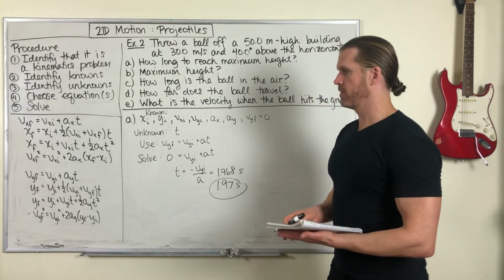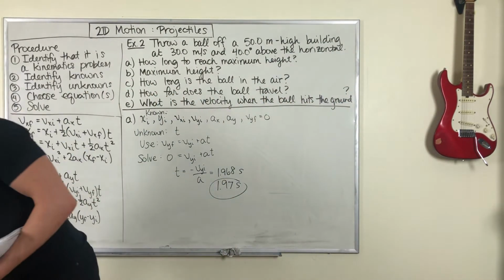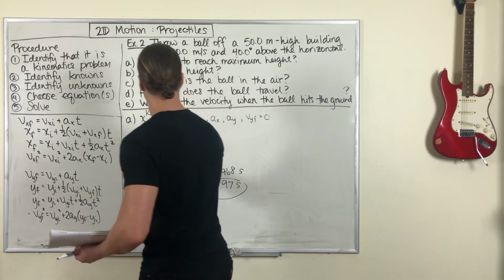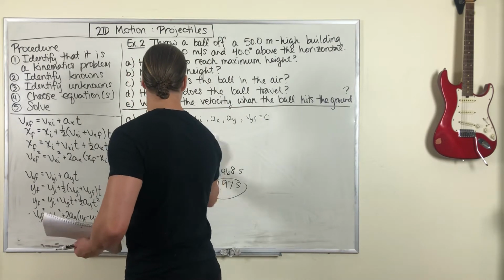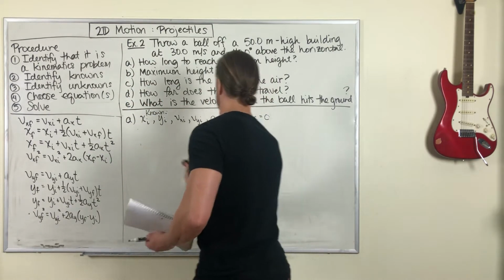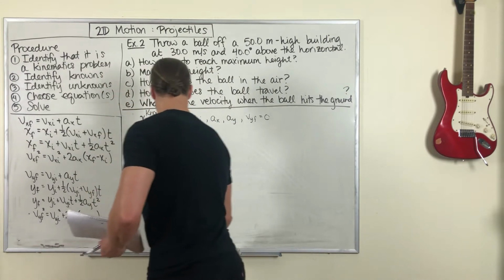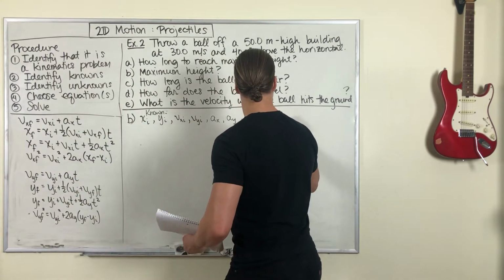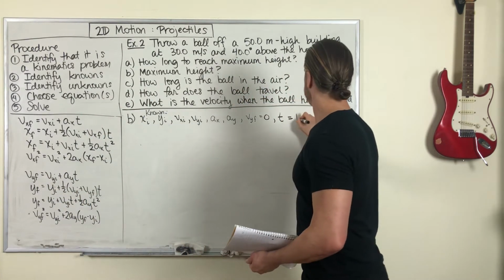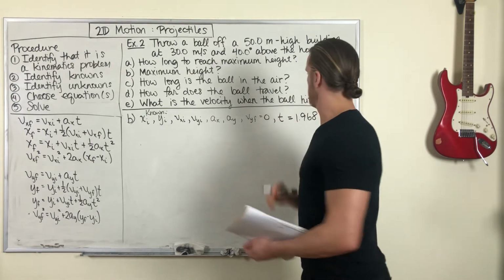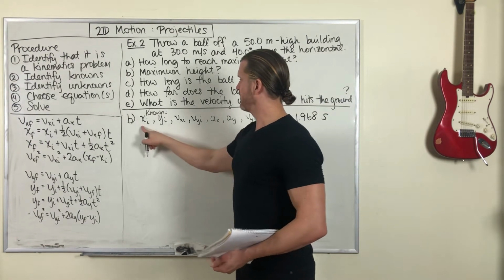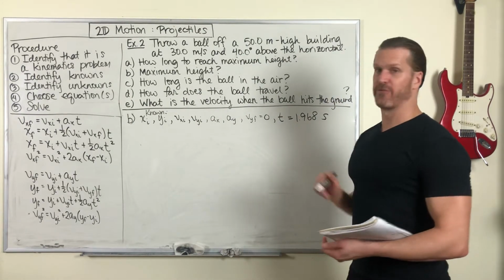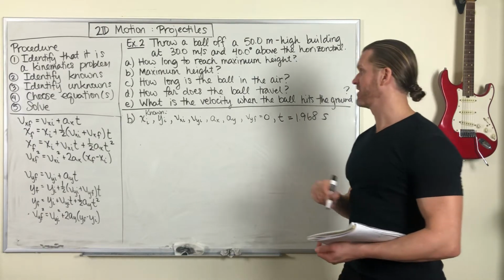So let's do part B now. I won't erase those. In part B, we have the same batch of known quantities, and we also know the time that it takes to reach that maximum height.